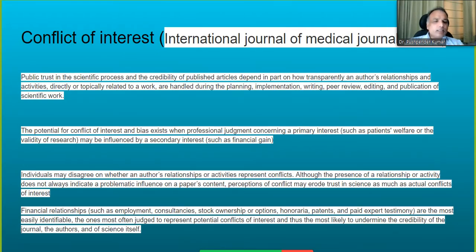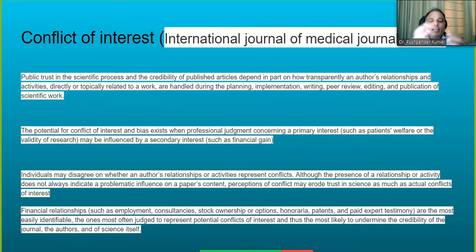You can see your credibility would be undermined if you send your paper and get it published within 24 hours. Then will you be happy? Because you have done hard work, collected data, written a research paper, and paid 5,000 or 10,000 rupees to the journal, and got it published in 24 hours.